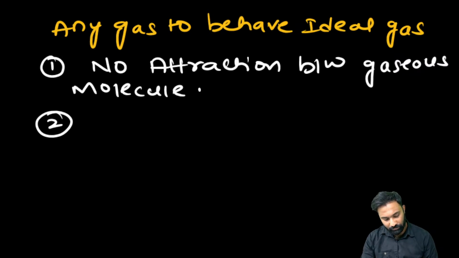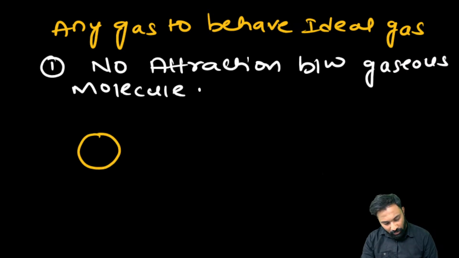Second one, better you remember this point: there is no attraction between the gaseous molecules. Now there is no perfect ideal gas in our universe. Why? Because even the non-polar gases, for a few seconds they are attracting and forming the bond called van der Waals bond.